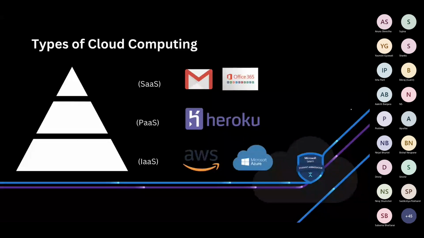So then we have platform as a service. It is also a type of cloud computing, and it means that the hardware and an application software platform are provided and managed by the cloud service provider, but the user has to handle the apps running on the platform, just like Heroku.